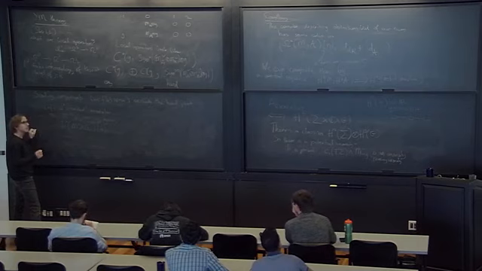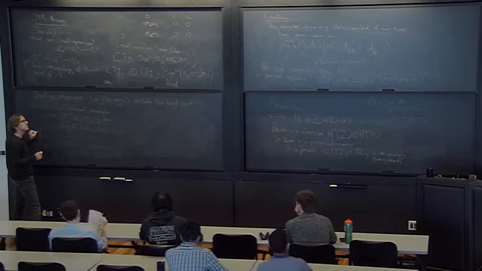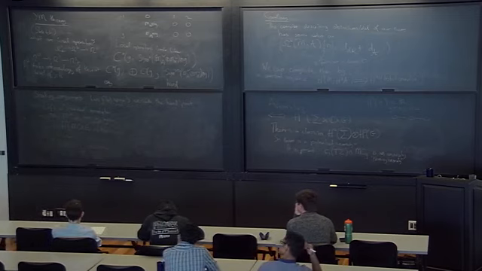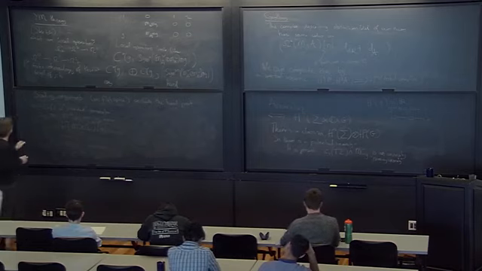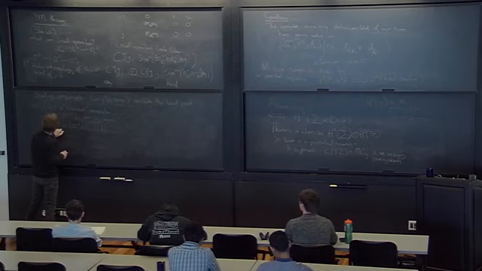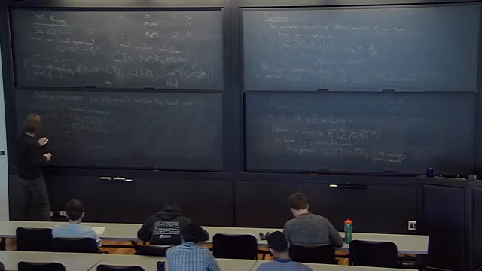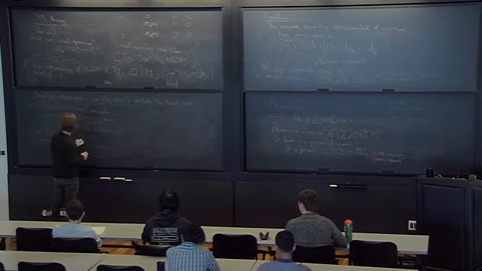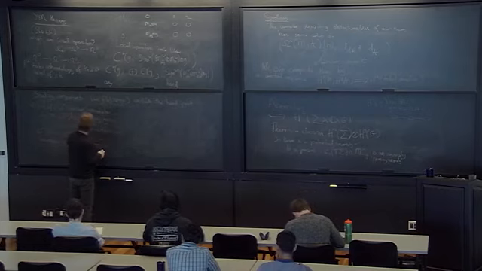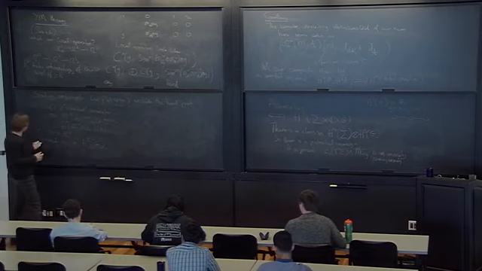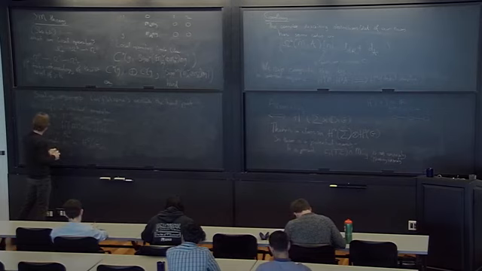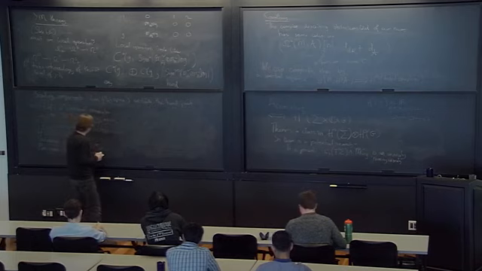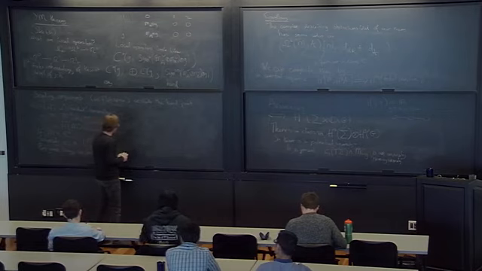So if M is R^4, the anomaly is then in H^5 of G. And again, for pure gauge theory, it can be excluded by the Dynkin diagram symmetry.